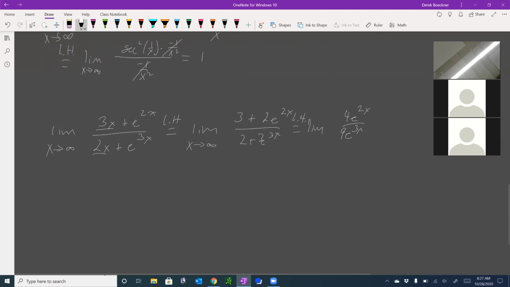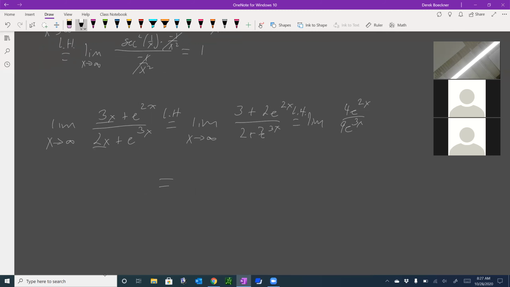And now that's going to be the limit of 4/9 of e to the minus x, which is equal to 0. Does that make sense?